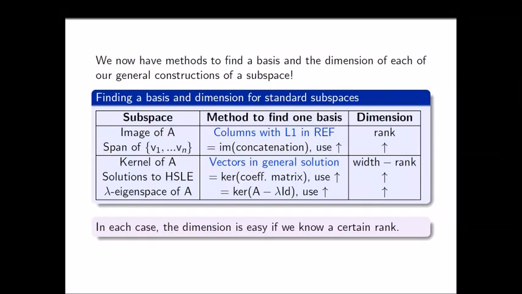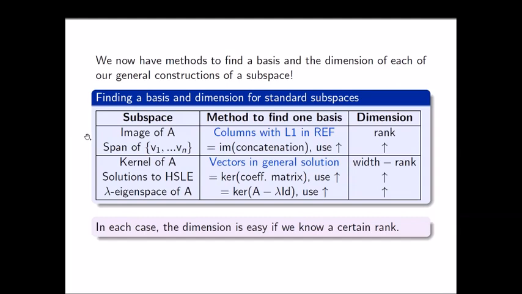Okay, so to end this episode, I'm going to present this little summary. So far we have seen 5 different kinds of subspaces. I mean, we've seen a lot more than these, but these are the 5 special kinds.